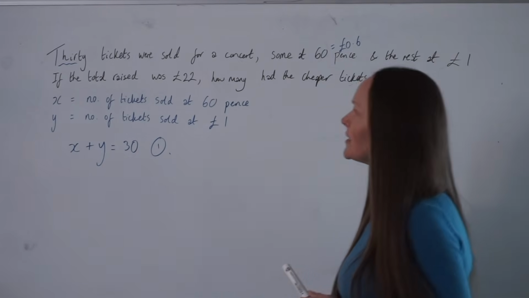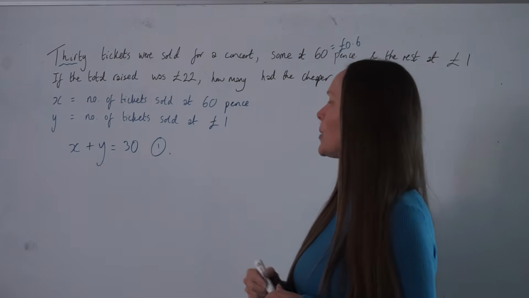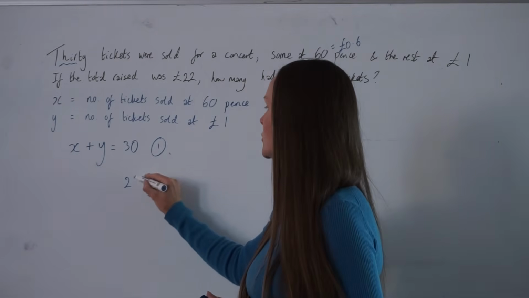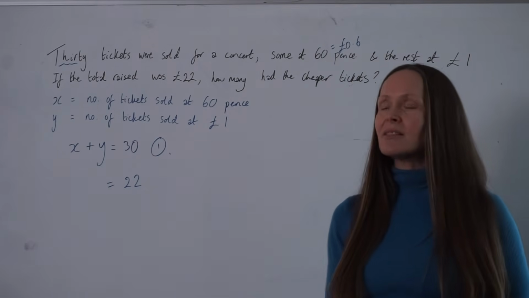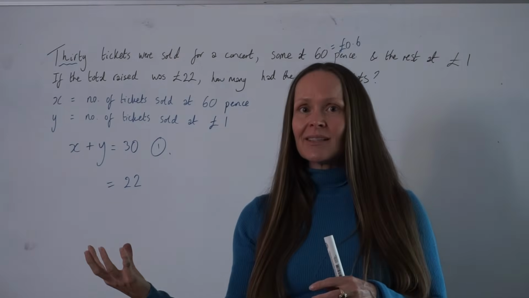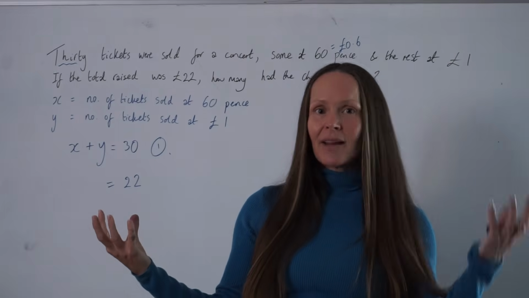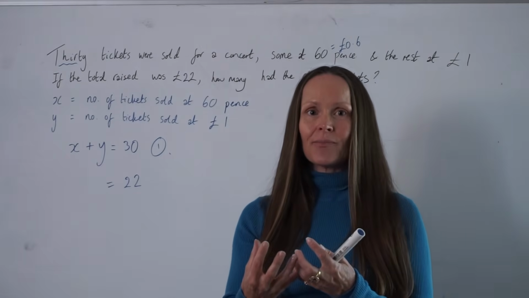Okay, so for the second equation, it says that the total raised was £22. I'm just going to write down 22. Now, if the total raised was £22, we need to know the amount raised with tickets costing 60 pence and the amount raised with tickets costing £1, and we need to add those amounts together, okay?